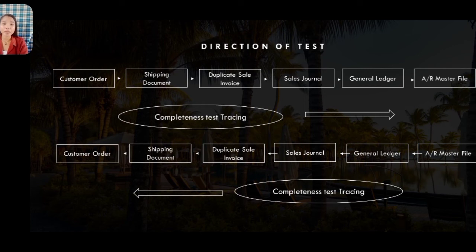On the other hand, in completeness test vouching, you must start from the journal back to the source data. So we will start from the accounts receivable master file to the general ledger, sales journal, duplicate sales invoice, shipping document, up until the customer order.